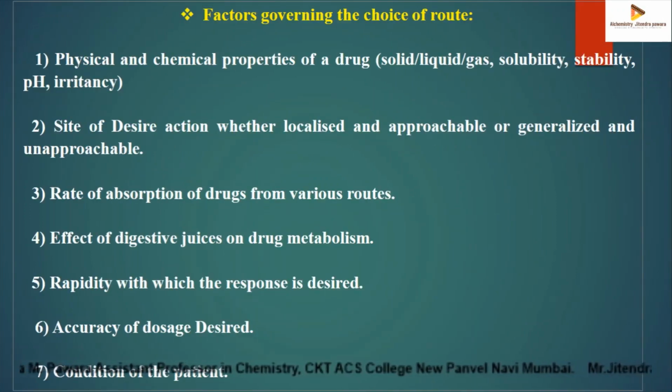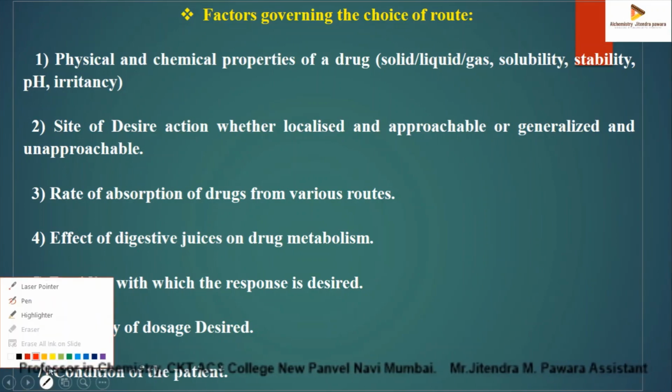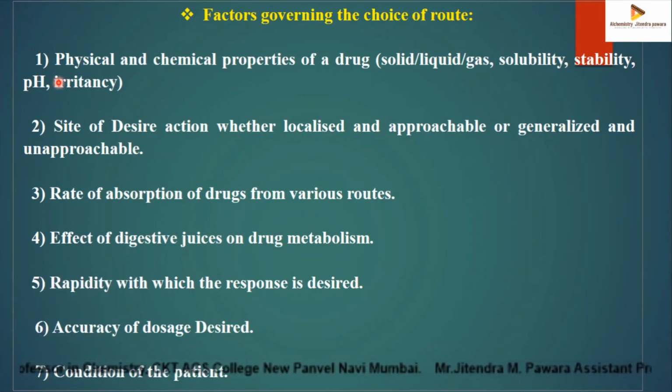The next point that we are going to learn is what are the factors that govern the choice of a route. In that, the first factor is physical and chemical properties of the drug, like solid, liquid, gas, solubility, stability, pH and irritancy.